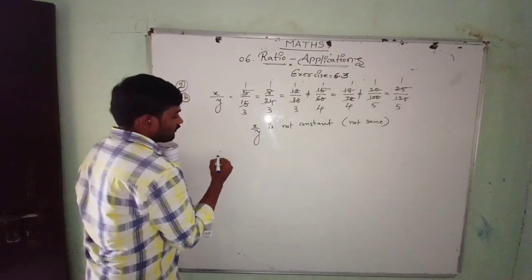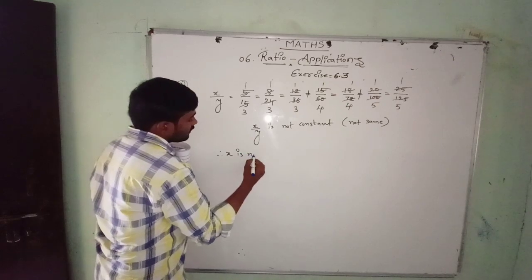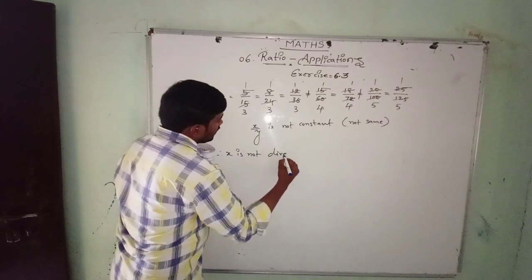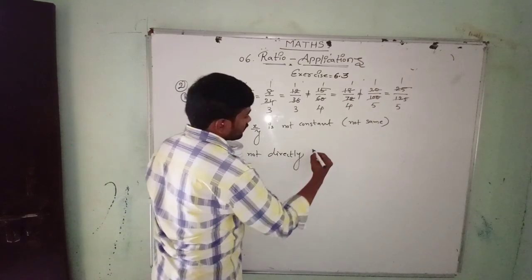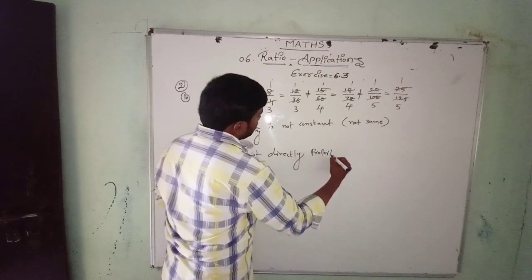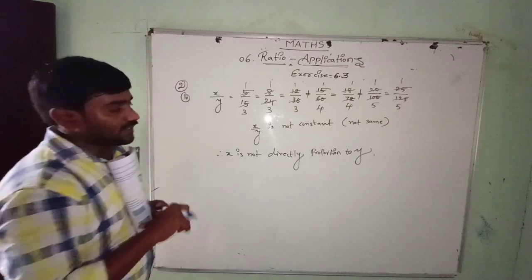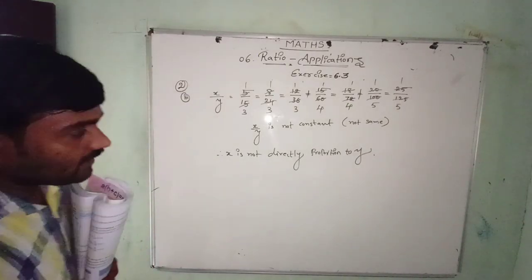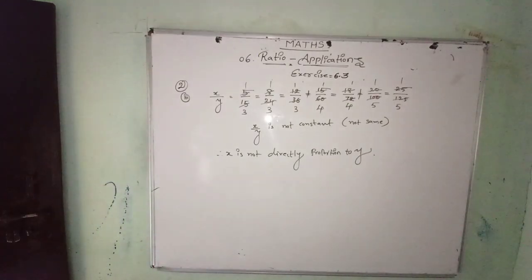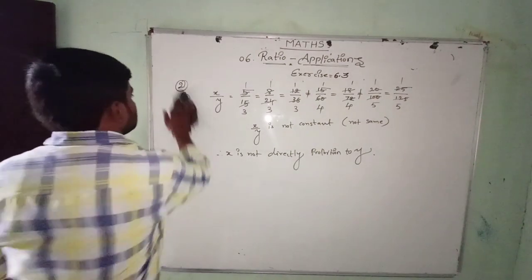So therefore x is not directly proportion to y. See, if x is not directly proportion to y, then what does it mean? So x is inversely proportion to y అని అర్థం అన్నమాట. సో అలా ఒకసారి గుర్తు చేసుకోండి.